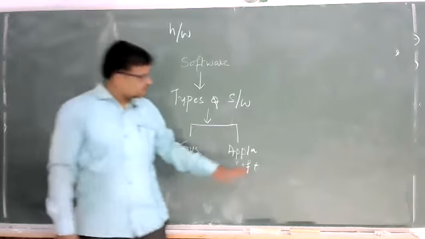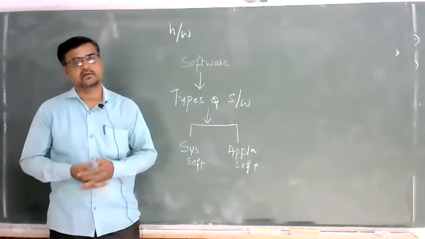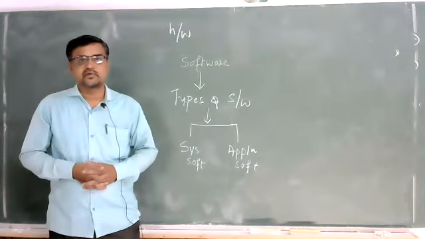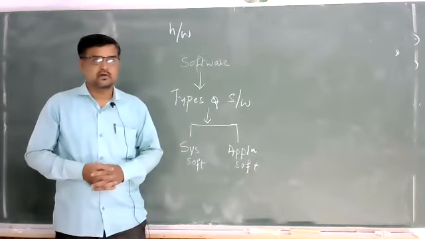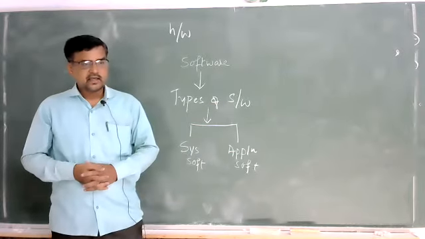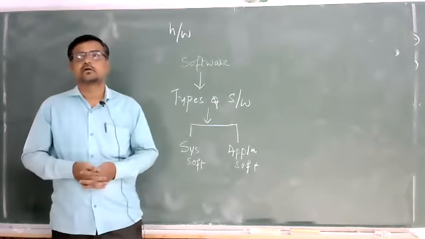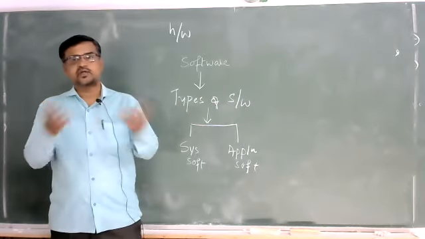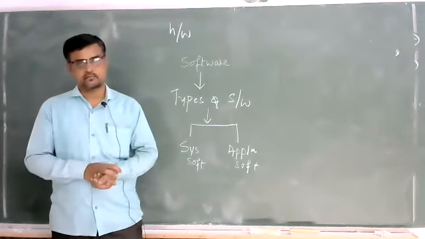Now the second type of software is what we call application software. Now we will try to understand what application software means. Say I don't have knowledge of what is a monitor, what is a CPU, what is a keyboard and all.